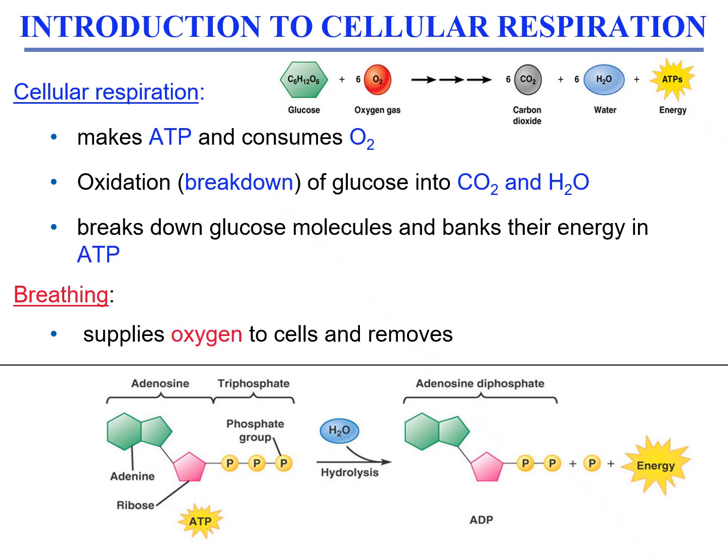Breathing is a key aspect of cellular respiration because it supplies oxygen to cells and removes carbon dioxide. Carbon dioxide, as you may know, is a toxin to us, and it lowers pH, which means that it'll make our blood more acidic.